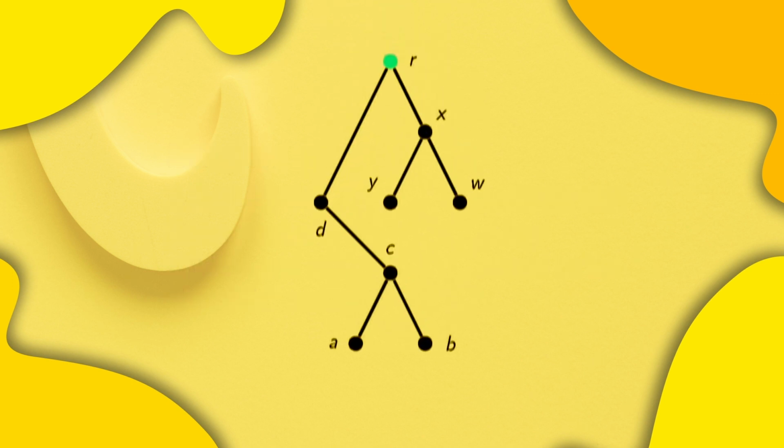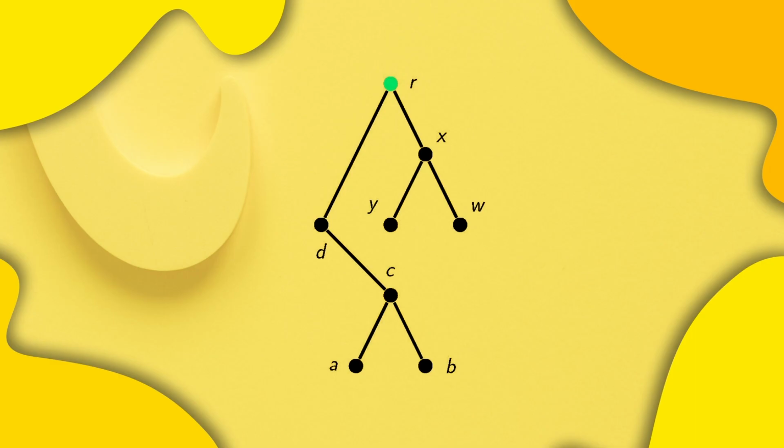For instance, just look at this tree, R is the root here, and the vertex R has just 2 children, say D and X. X also has 2 children, Y and W. D has only one child, C, and C has 2 children, namely A and B. So, here D is the left child of R and X is the right child of R. D has only one child C, which is the right child.